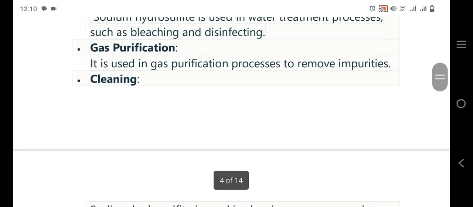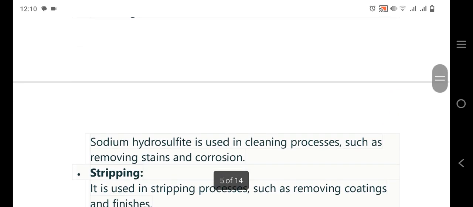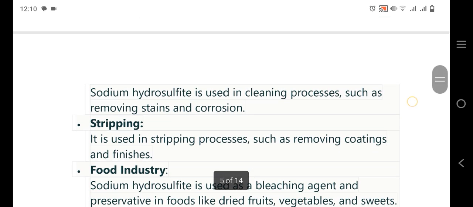To remove impurities, sodium hydrosulfide is used in gas purification. The next is cleaning. Sodium hydrosulfide is used in cleaning processes to remove stains and corrosion. Like in our home detergents, sodium hydrosulfide is used to remove stains and corrosion.